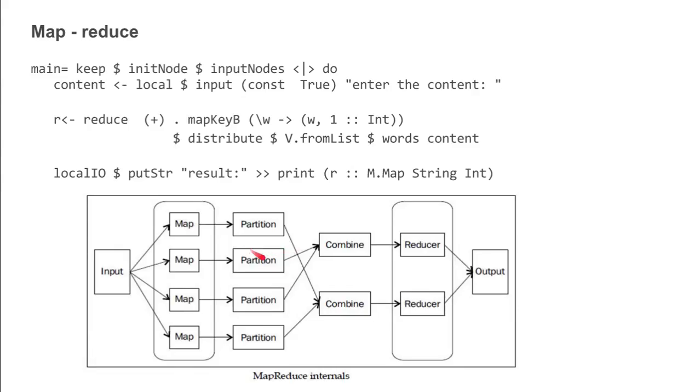So we have to do something like a translation of data from each mapping node to the resulting node, which will compute some other result.